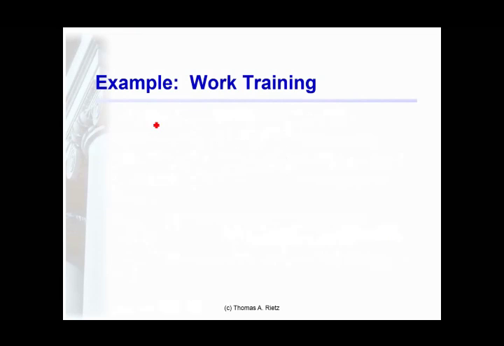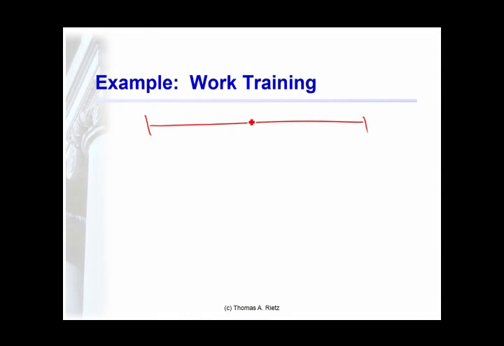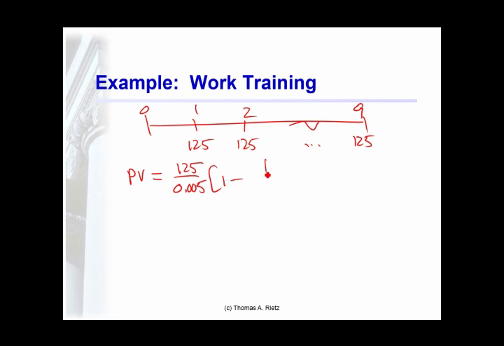Well, the value of that set of cash flows can be computed one cash flow at a time, or more simply, the present value is a cash flow divided by interest times the adjustment factor, reflecting the fact that it starts next month and ends after 9 months.